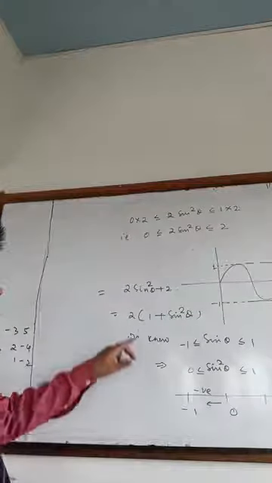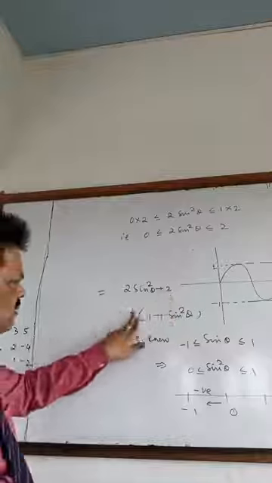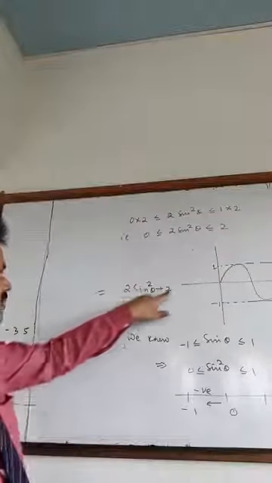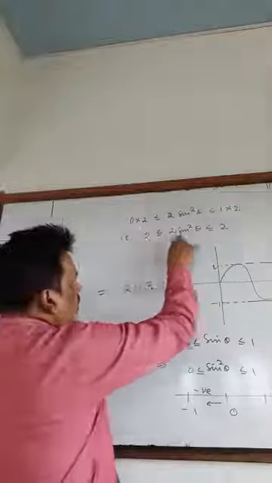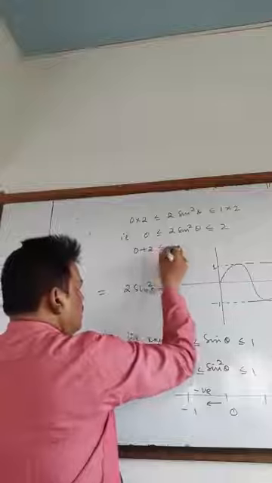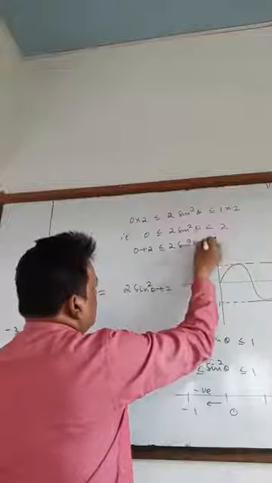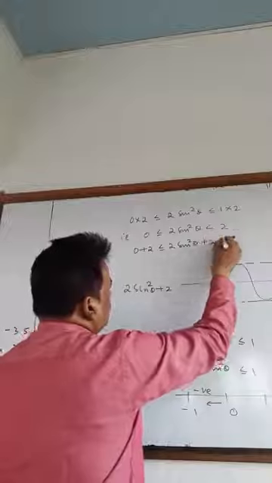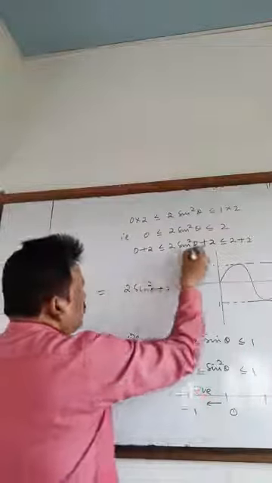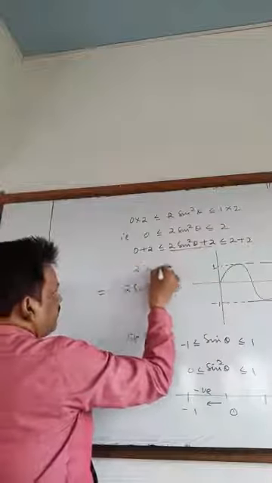But your question is 2 sine square theta plus 2, so you have to add 2 here. 0 plus 2 less than or equal to 2 sine square theta plus 2 less than or equal to 2 plus 2. What is this 2 sine square theta plus 2? This is your determinant of A.